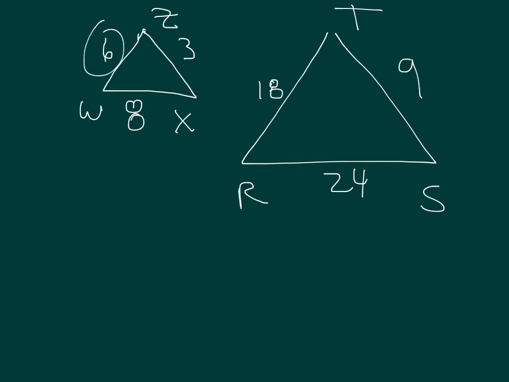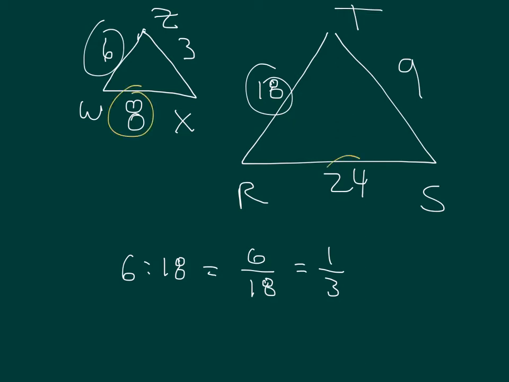Obviously this is not drawn to a terrific scale, but the important thing here is that we have a 6 and an 18, so that is a 6 to 18 proportion, which we can also write as 6 over 18, which is 1 over 3. So these are proportional, right? We also have an 8 and a 24, which we can simplify to 1 to 3.